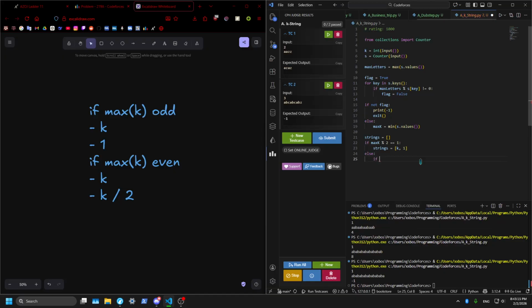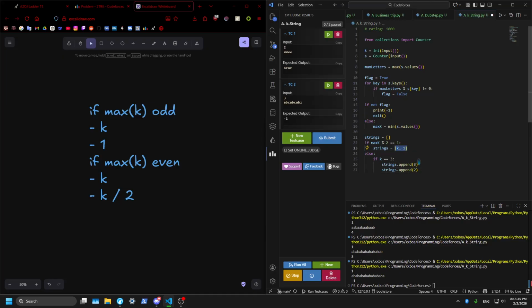The default case if k equals 3, strings dot append 3, strings dot append 2.